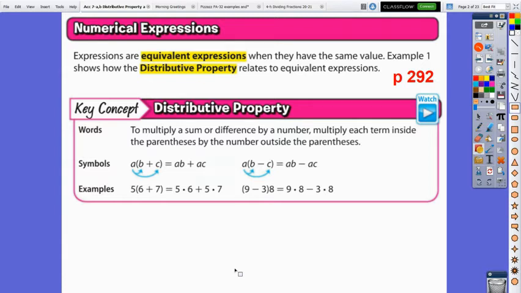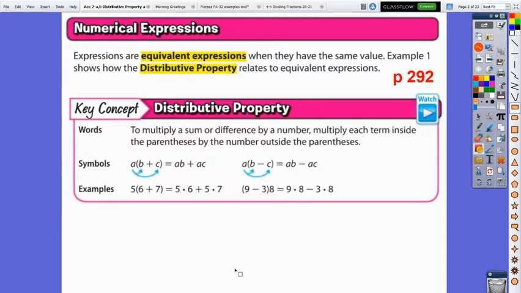So expressions, right? Expressions are numbers or variables and operations, no equal sign, okay? And two expressions are equivalent when they have the same value.